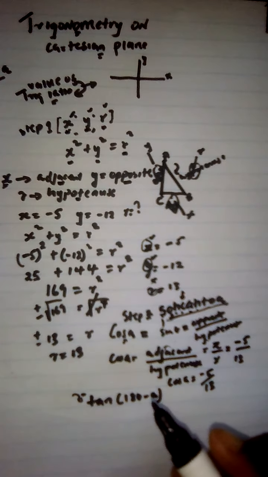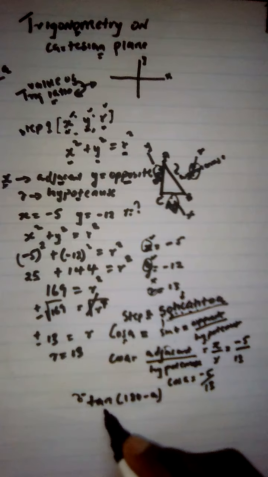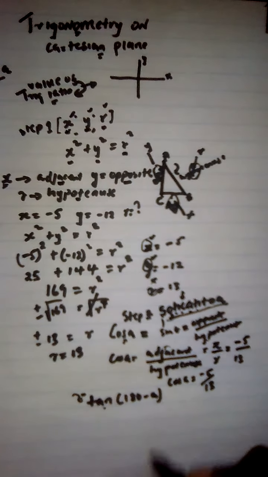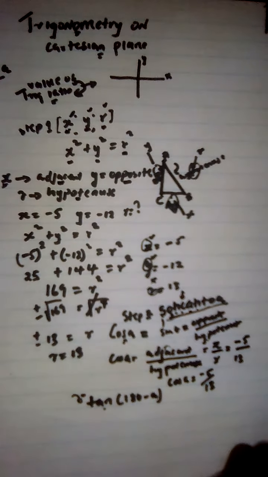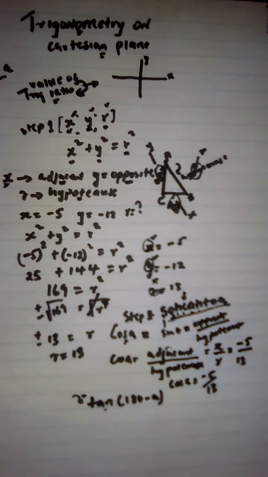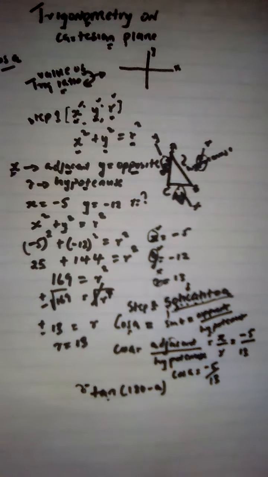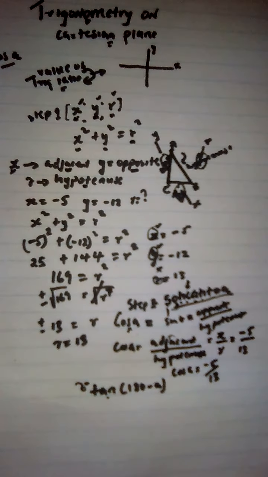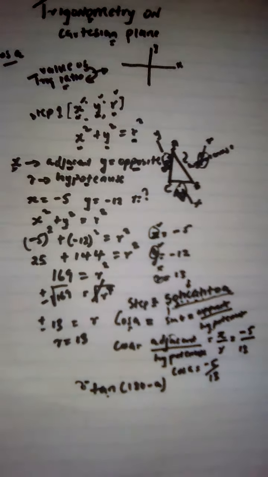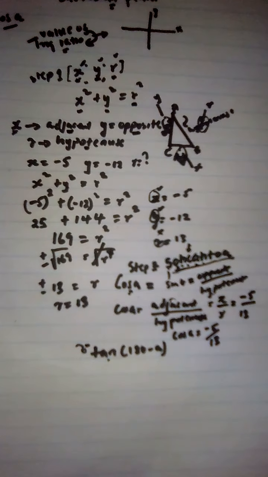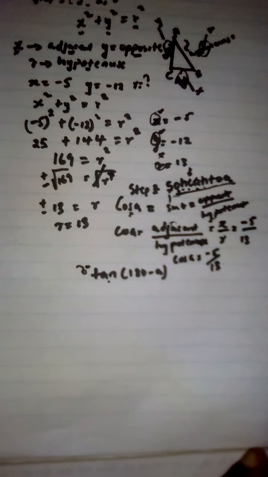And if you use the reduction formula to solve tan 180 minus alpha. Okay. In reduction formula, let me not rush. Let me talk about the concept of reduction formula, because to answer the question of tan 180 minus alpha, we have to understand the concept of reduction formula.